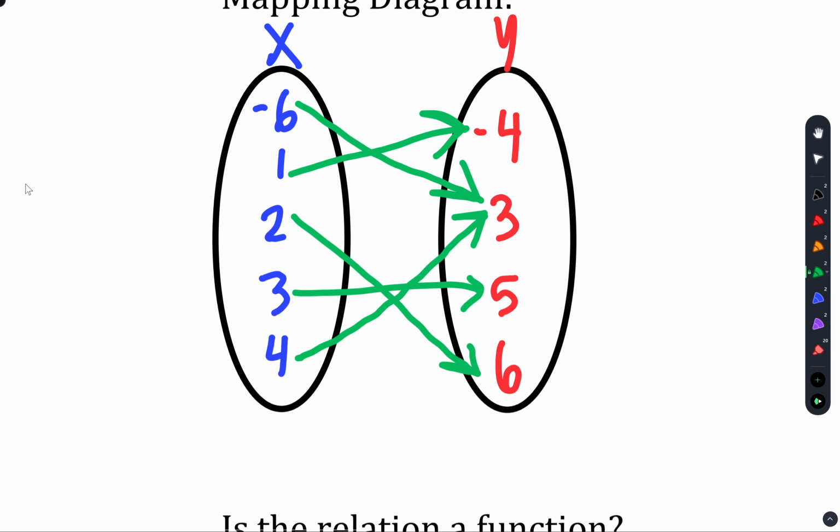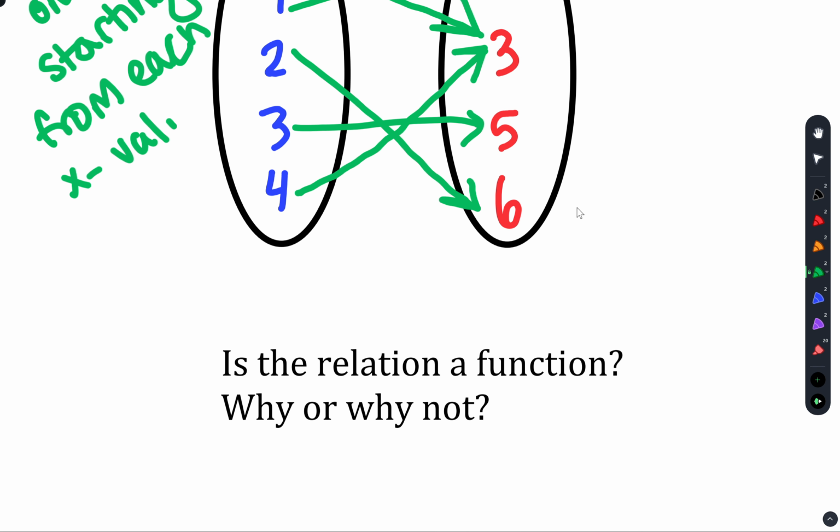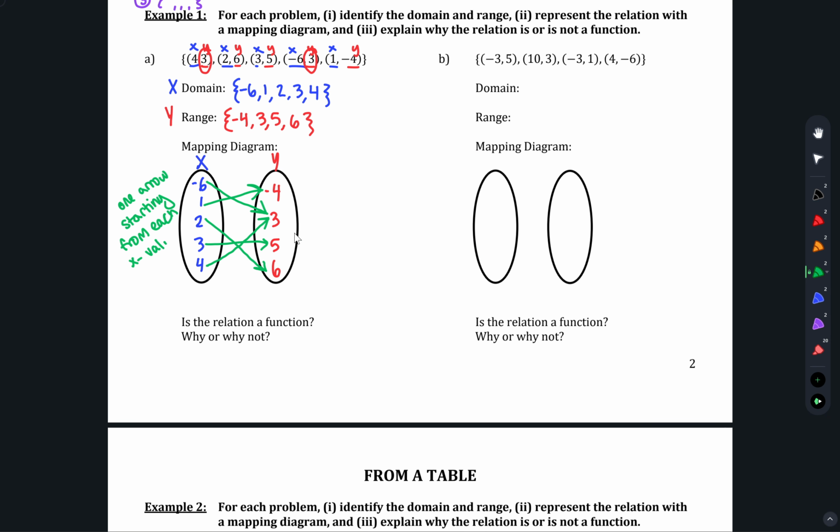I don't care where the arrow ends as long as there's only one arrow starting at each x value. Okay, so because there is only one arrow starting from each x value, I can answer my question.